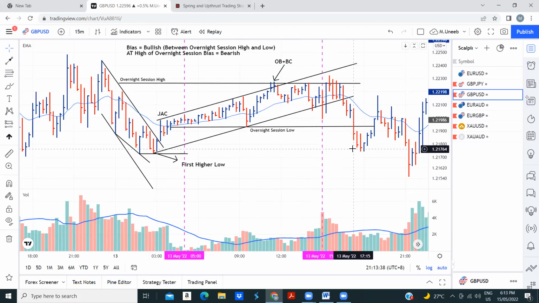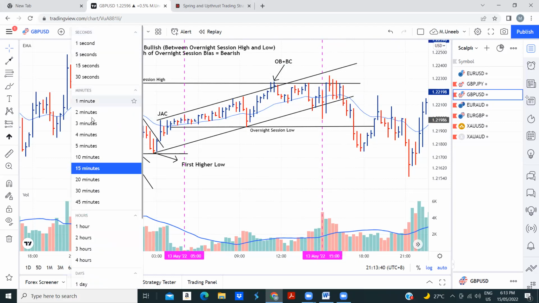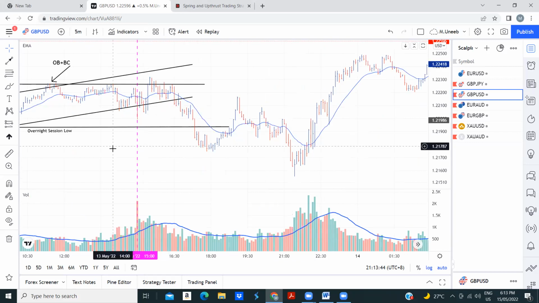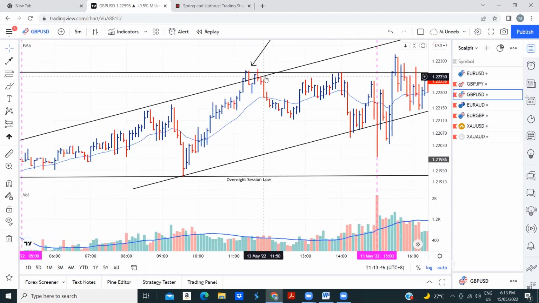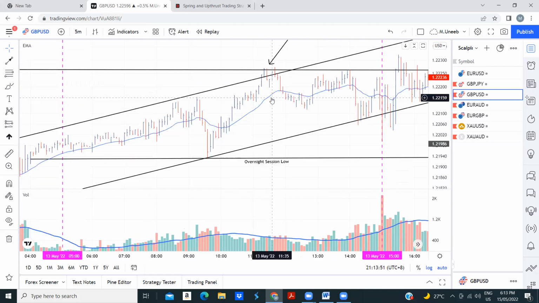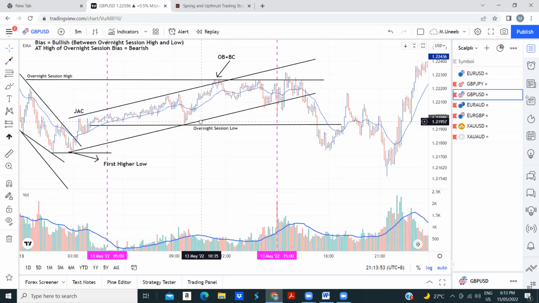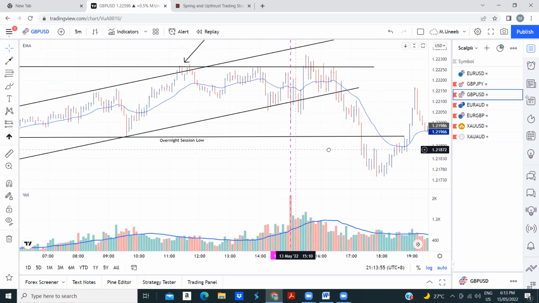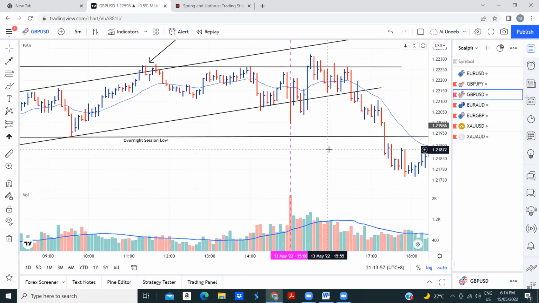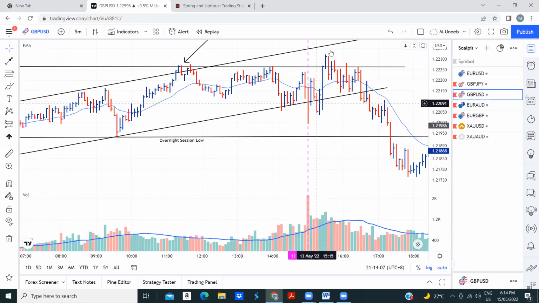Okay, so all rules are defined. Now you go to the 5-minute chart and refine everything. So what do you refine here? OB and BC was looked here. Now, when was the London Open? 3 p.m. The London was open between overnight session high and low or at high?